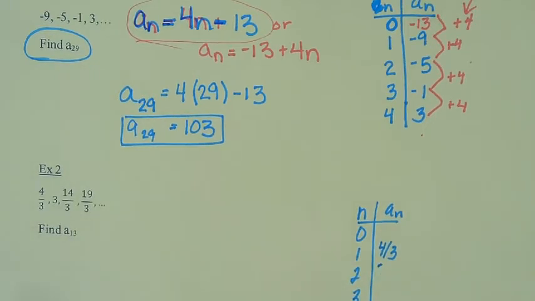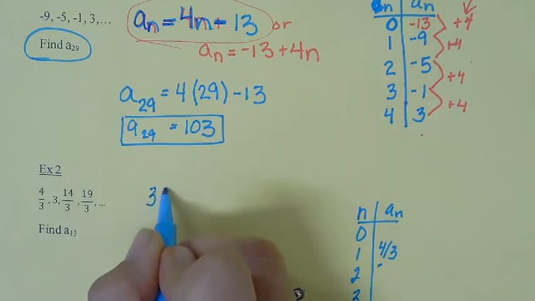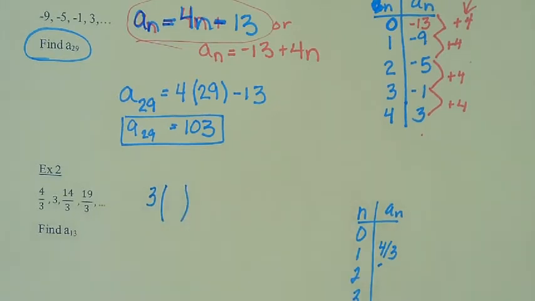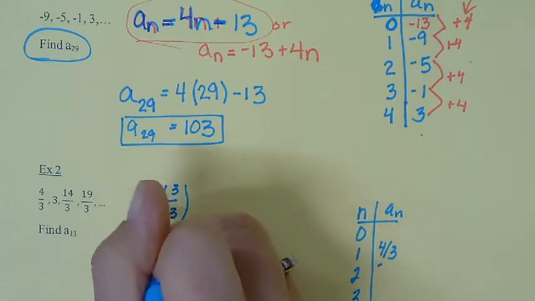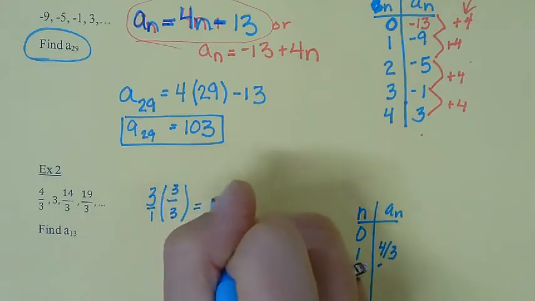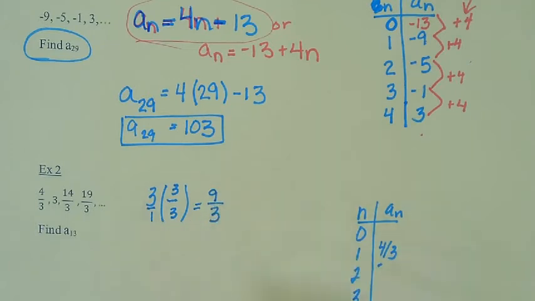I'm noticing something here, though, that 3 is the only one that's not a fraction. Can I change that 3 to have a denominator of 3 like the others? How would I do that? Multiply it by 3 over 3. Put that 3 over a 1. So it would be 9/3.